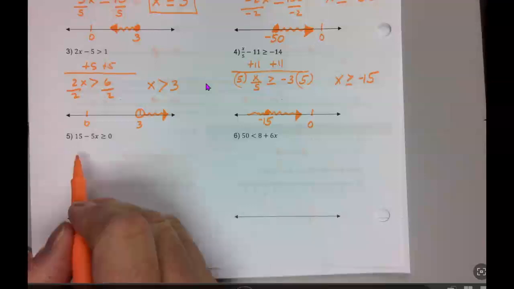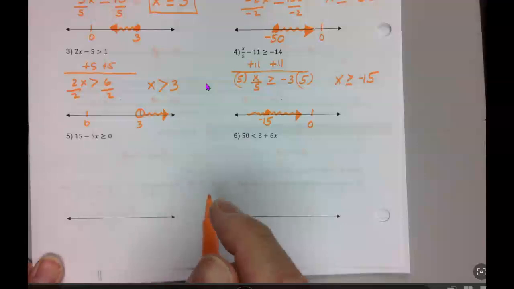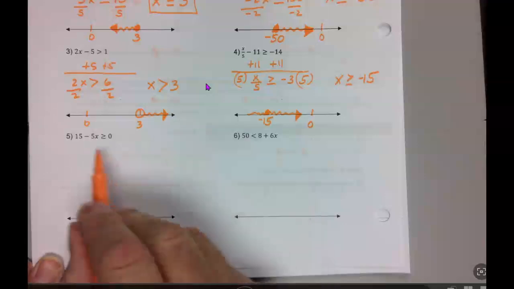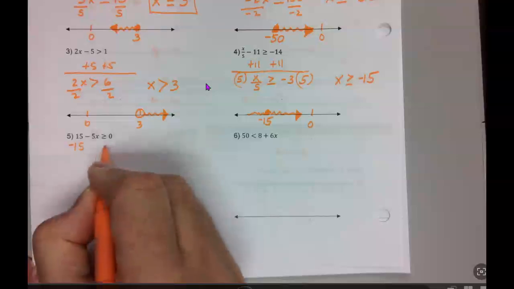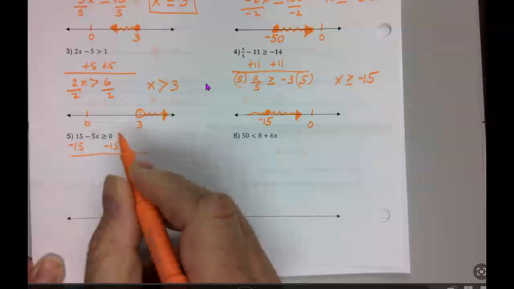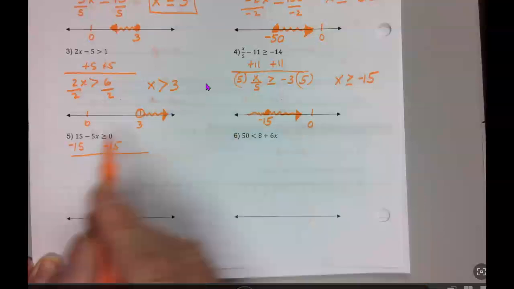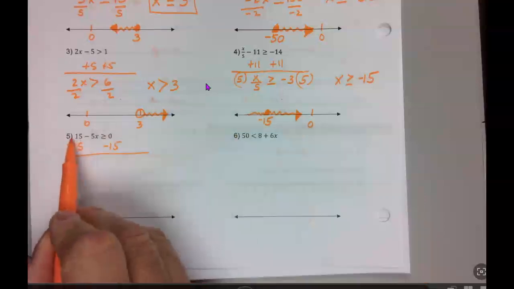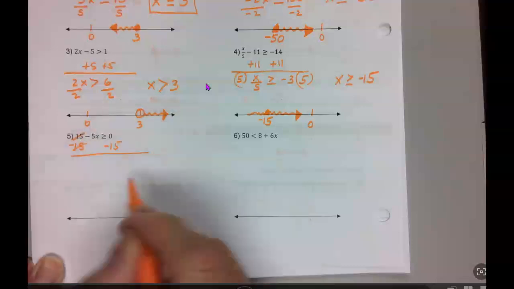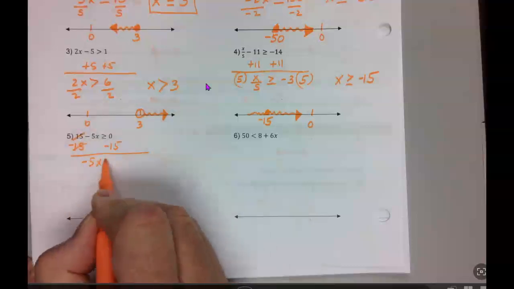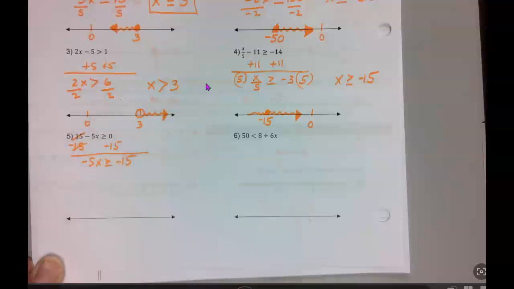Okay. What about 5? What am I going to do first to solve this? Subtract 15. How do you know whether to subtract is what sign's in front of the 15 there? Positive. So you do the exact opposite. Those cancel. So now we have negative 5x is greater than or equal to negative 15. Now what do I do?